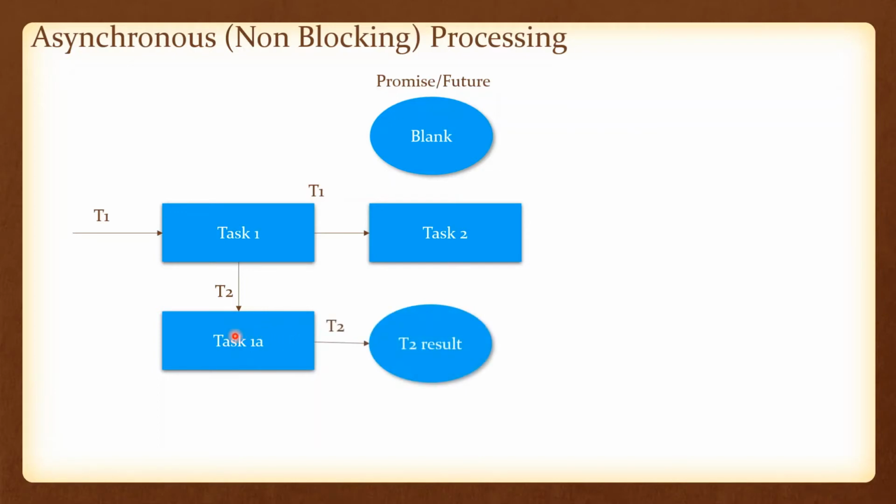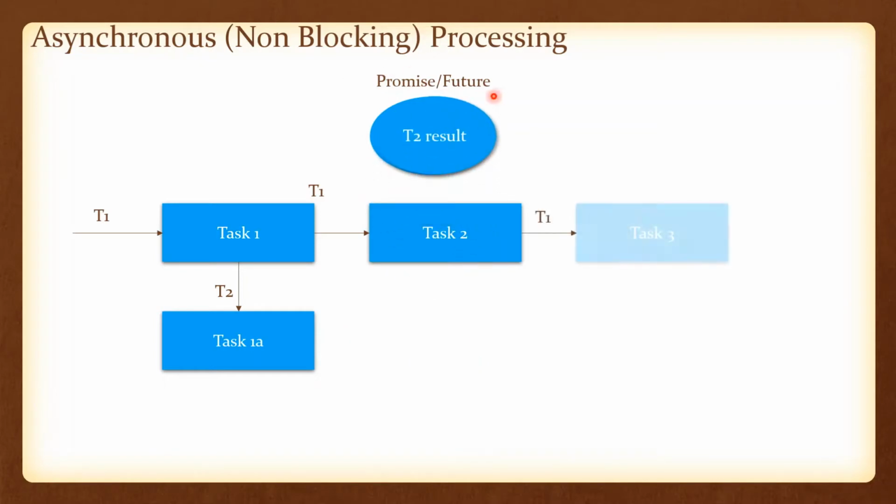Once task 1A is finished by the thread T2, the thread T2 will populate this promise. We have the T2 result, right? Its job is to populate the future or promise object. So now when the T1 thread runs task 3, which needs the output of task 1A and task 2, right?